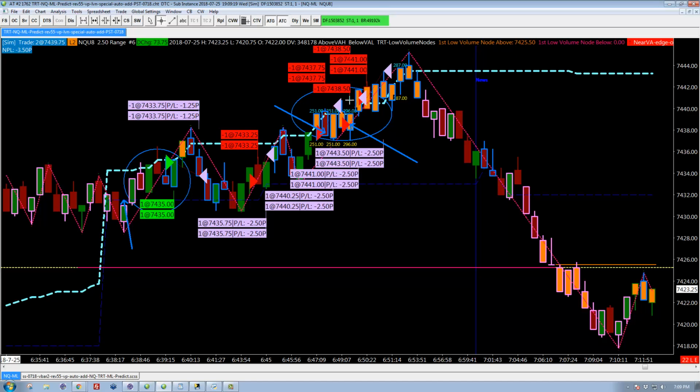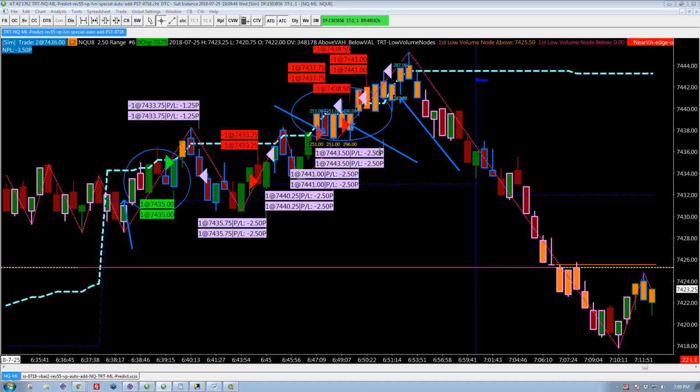So as it grinds against the value area high, it's traveling up it. And then interestingly enough, we get a very clean short signal there, but this code is too aggressive under the normal regime, so we miss this beautiful fall.